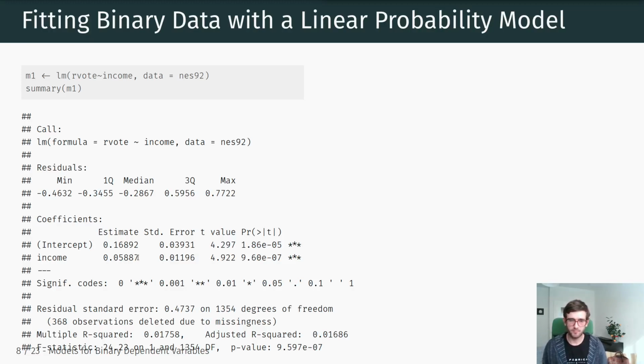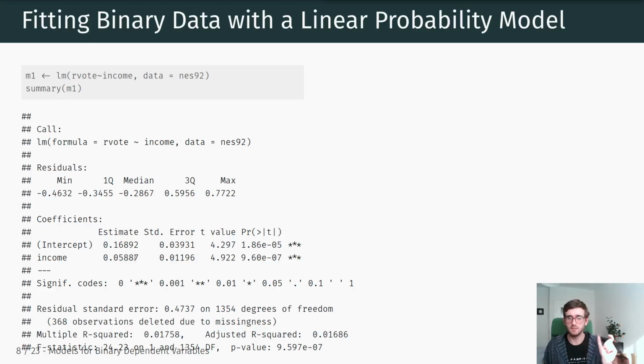Okay, so this means in this specific model we can interpret this 0.05887 as comparing two different respondents, or two groups of respondents, that differ in their level of income by 1 unit.